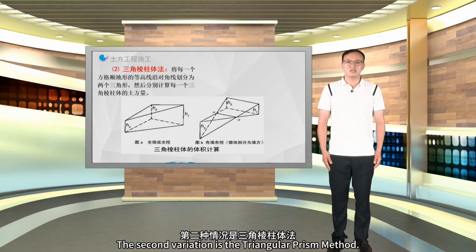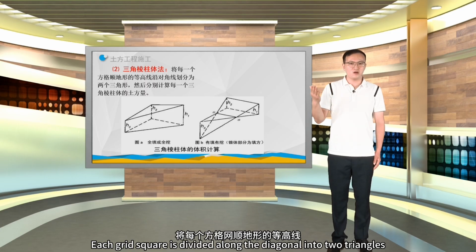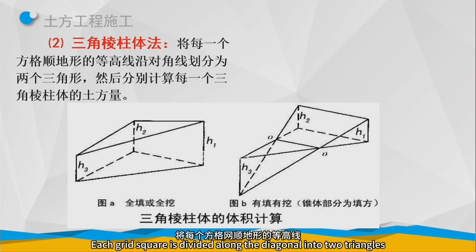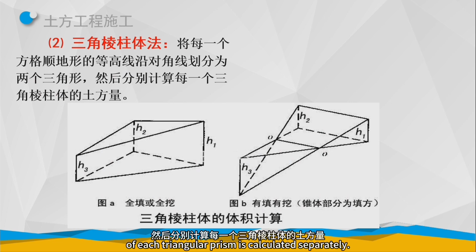The second variation is the triangular prism method. From this illustration, we can see that each grid square is divided along the diagonal into two triangles following the terrain's contour lines. Then, the earthwork volume of each triangular prism is calculated separately.